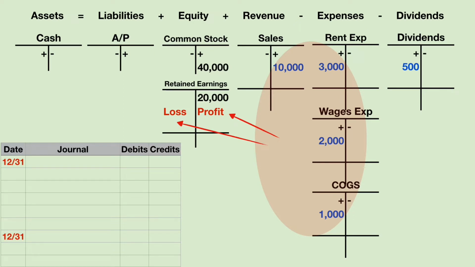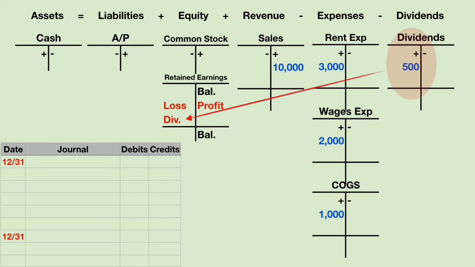Occasionally, however, the expenses will be larger than the revenues, and in those occasional years, we will close the net of the revenues and expenses to the debit side of retained earnings. The second closing entry is to simply move the dividends balance over to the debit side of retained earnings.